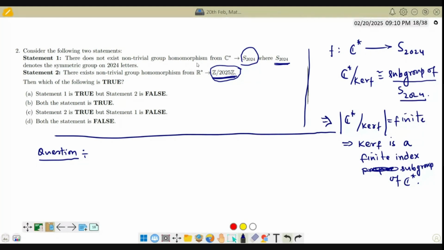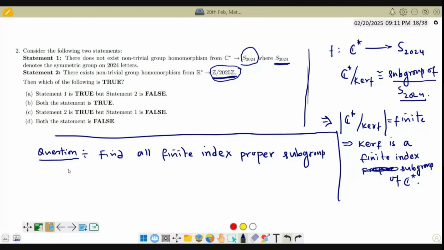To solve this problem, it is equivalent to find how many finite index proper subgroups there are in S_2024. So the question boils down to finding all finite index proper subgroups of S_2024.